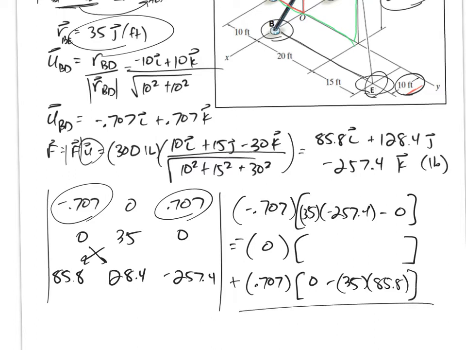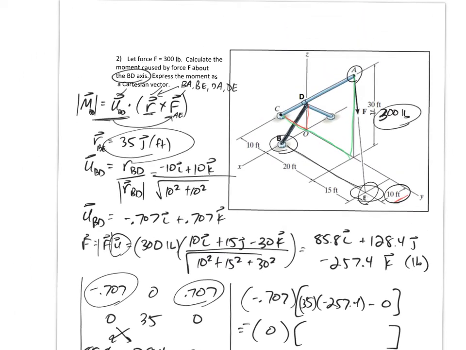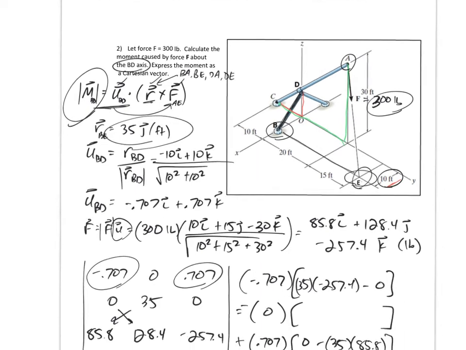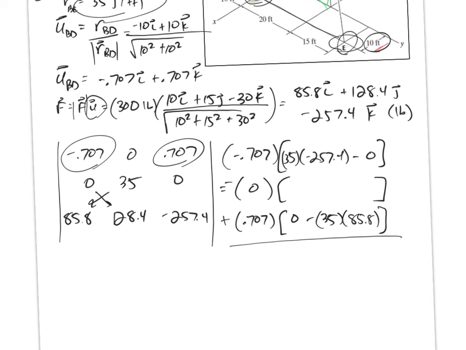And notice, remember, I don't have any i's, j's, or k's right there. I'm just finding a magnitude of the moment. There are no i's, j's, and k's because right up here I've got my unit vector instead of I, j, k. I'll add those up together to just get one value, and I would get 4246 if I added all of these up. And so the units right there would be pound feet. So that is the magnitude of the moment about BD.